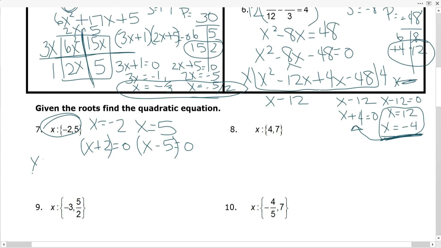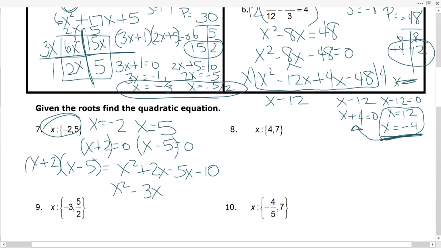So I'm going to do x plus 2 times x minus 5 equals x squared plus 2x minus 5x minus 10, which is x squared minus 3x minus 10.